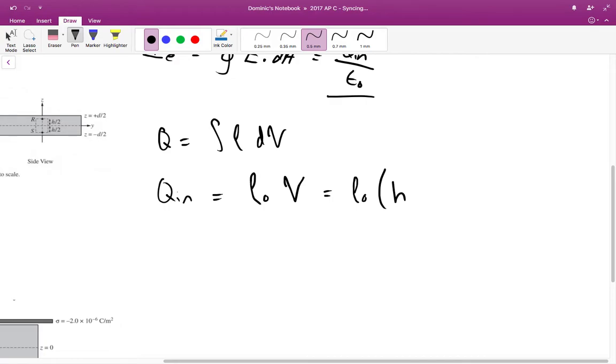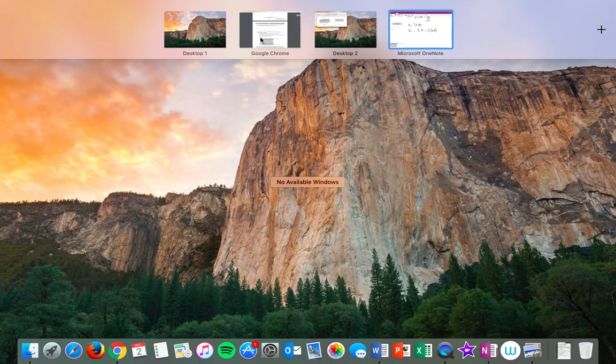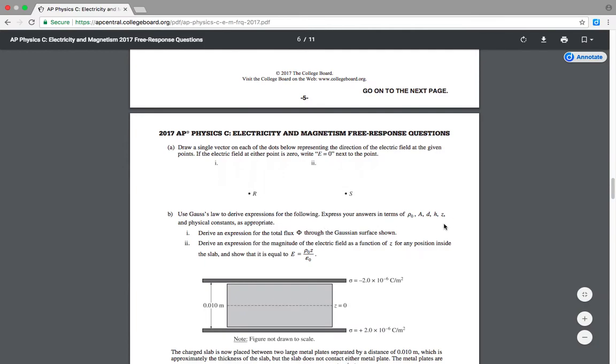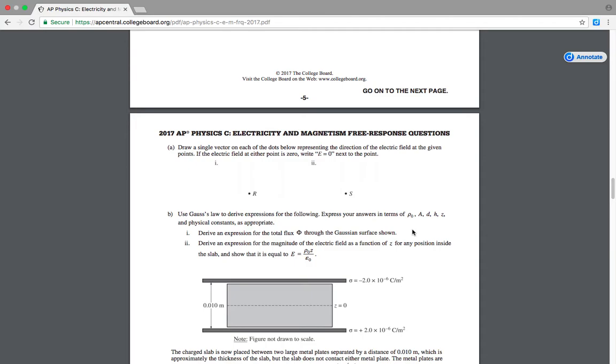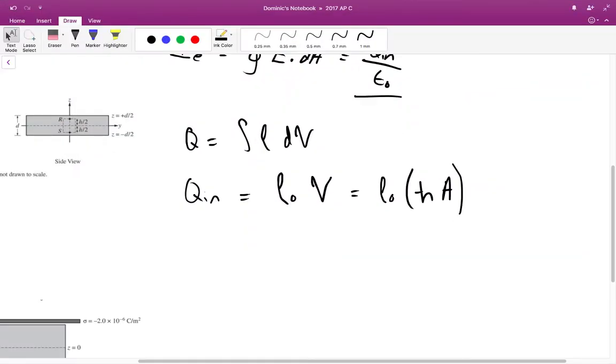So the area would be pi, well, we'll just say A, since the problem says we're allowed to have A in it, I believe. Yes. So you might write all of those things out as you're doing this problem to know that you're allowed to have these constants in there. And so Q inside just equals rho naught times h times A.